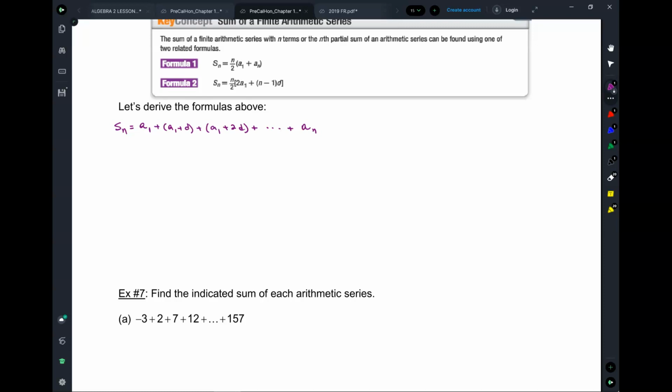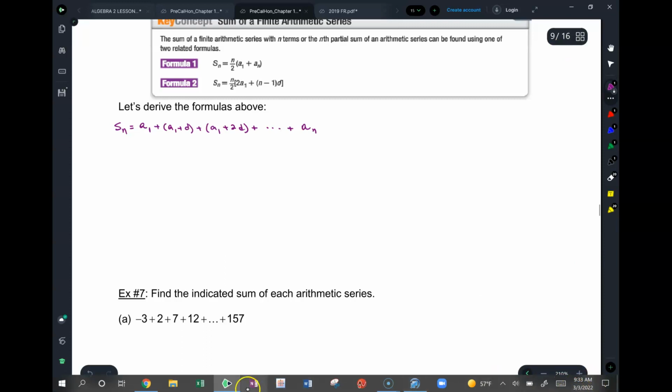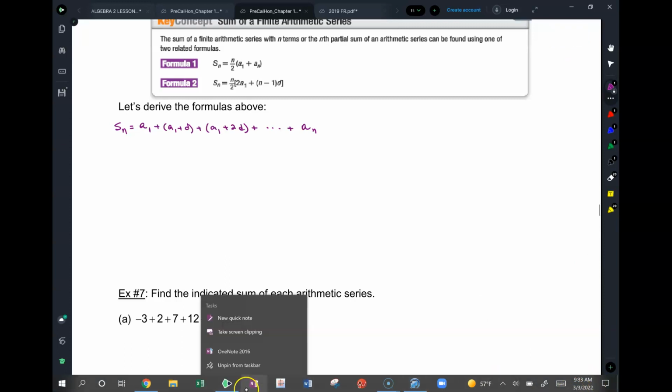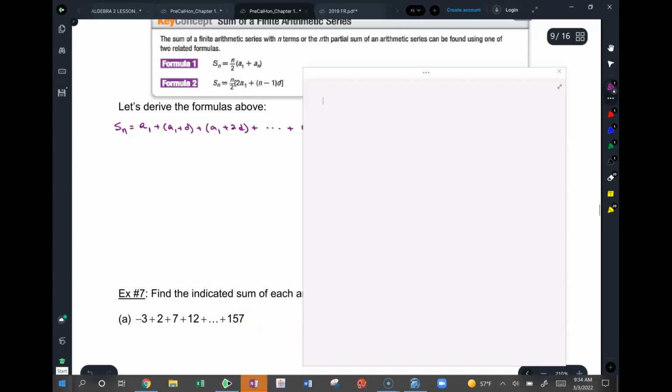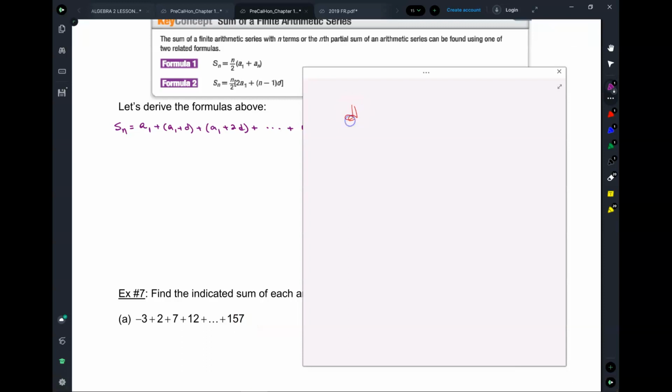let's now start working backwards from the end of a sequence. If you start working backwards from the end of a sequence, how does it look? So suppose d is equal to 3, okay?